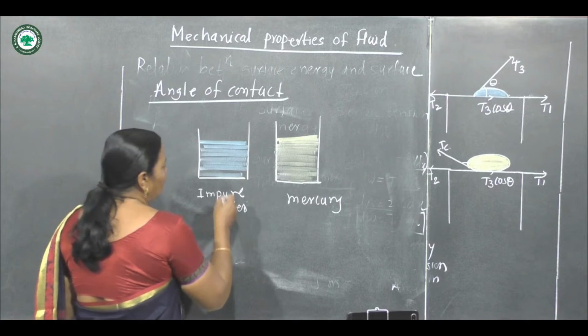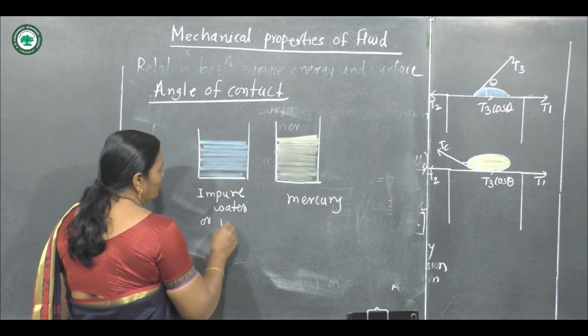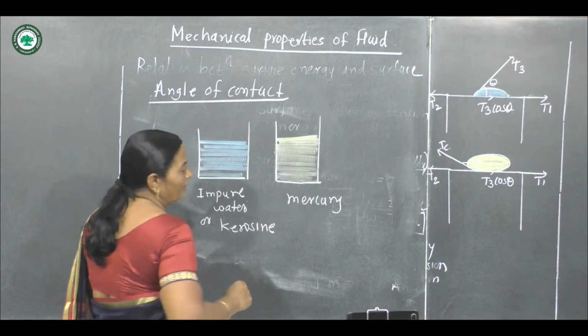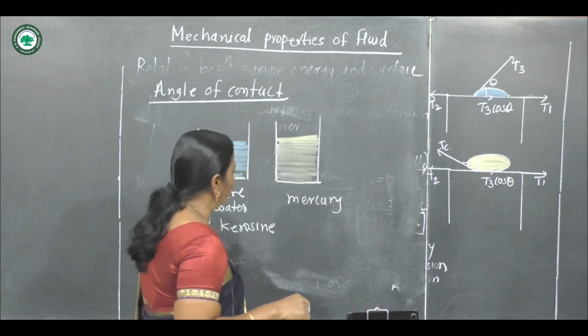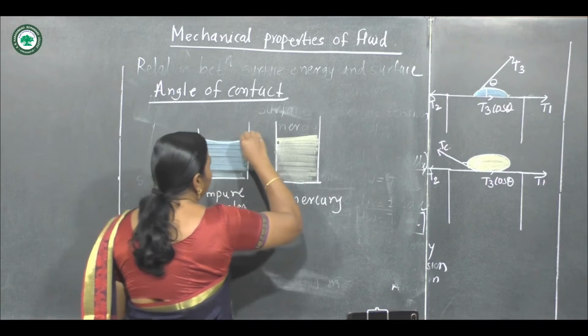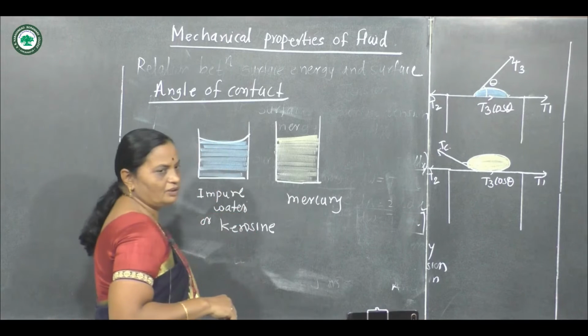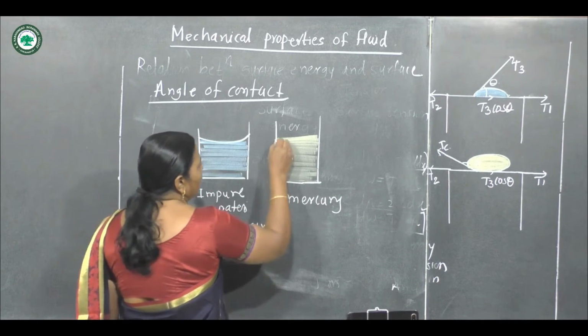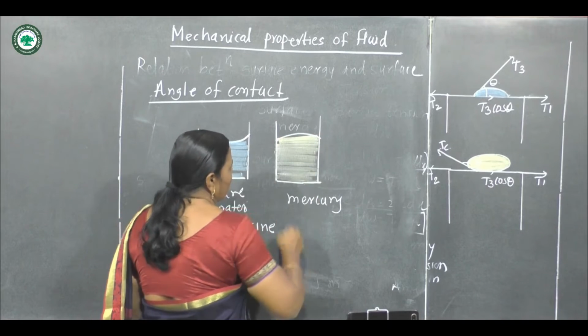In case of impure water or kerosene, the free surface of liquid is concave. In case of mercury, the free surface of liquid is convex.